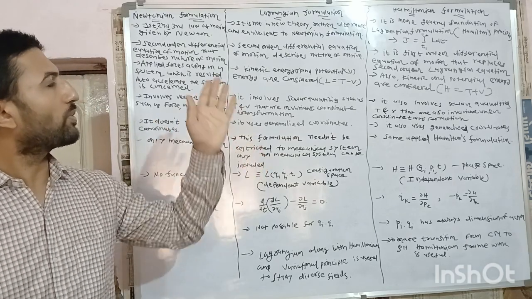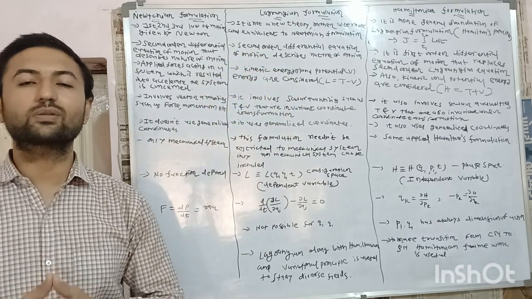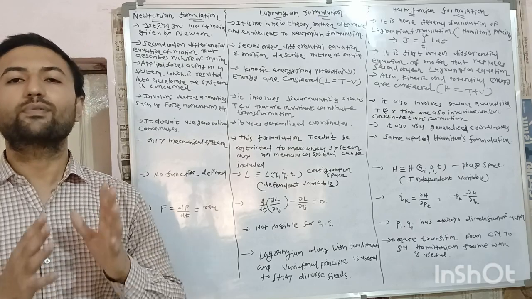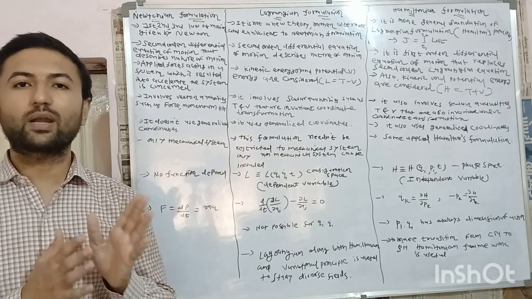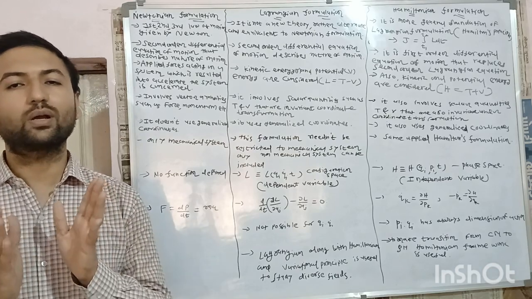Similar to Lagrangian formulation, Hamiltonian formulation is the generalized version or foundation version of Lagrangian formulation, which is widely used in modern physics because of its advantage over Lagrangian formulation as well as Newtonian formulation.